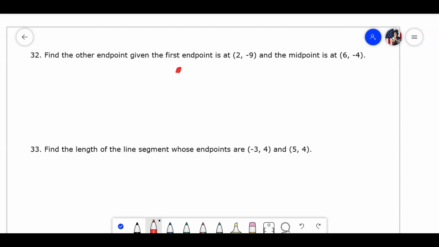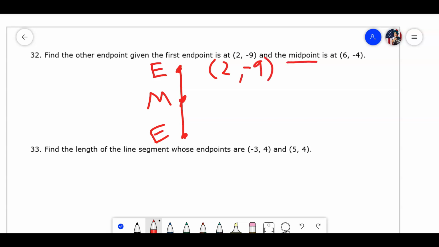So once again, I'm going to draw a little picture. Now we don't have the point name, so I'm just going to call it endpoint and endpoint. And then in the middle, I got my midpoint. All right, so the first endpoint is 2, -9. The midpoint is 6, -4.